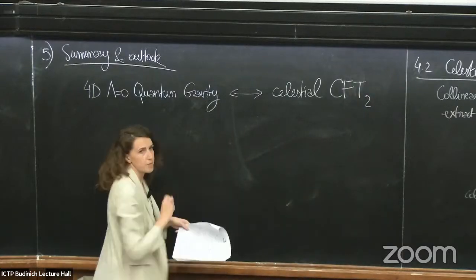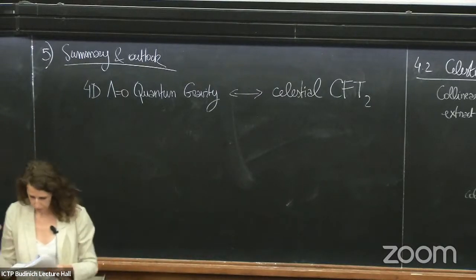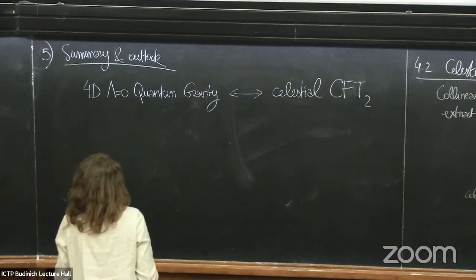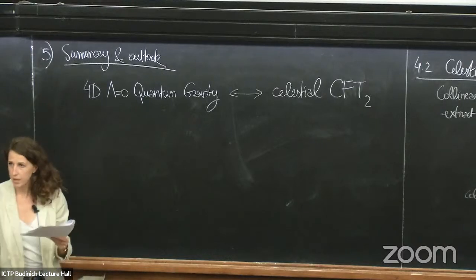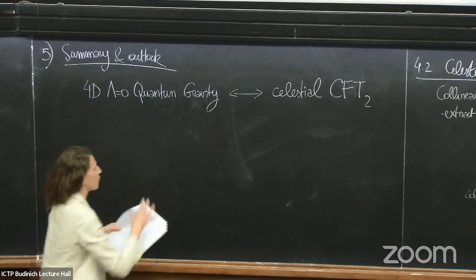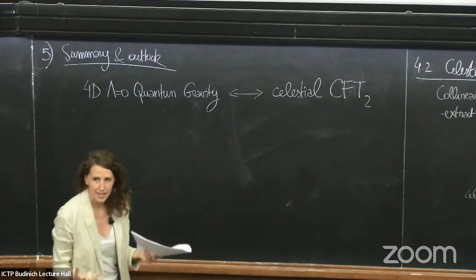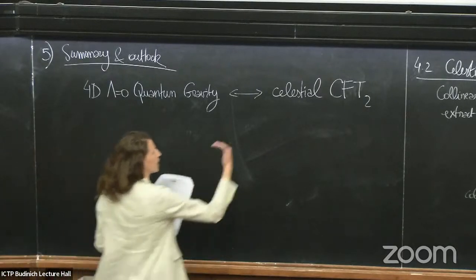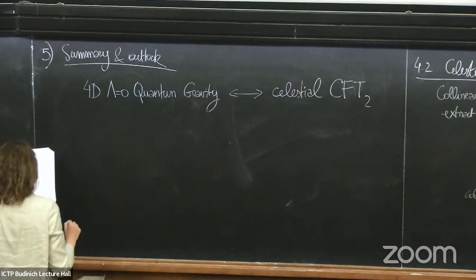And there is this promising dictionary which involves this Mellin transform integral, which makes this SL2C transformation manifest. So, to summarize and to finish, we have a similar feature that we are used to in usual CFT2. So the whole point is to understand what is the celestial CFT2? Does it make sense as a theory? How can we push this, and how can we constrain this quantity and this right-hand side here?